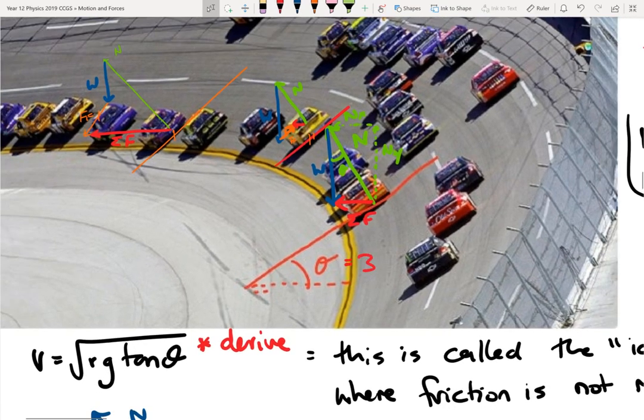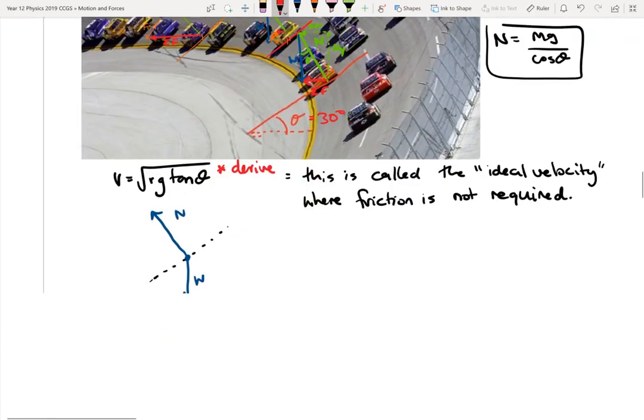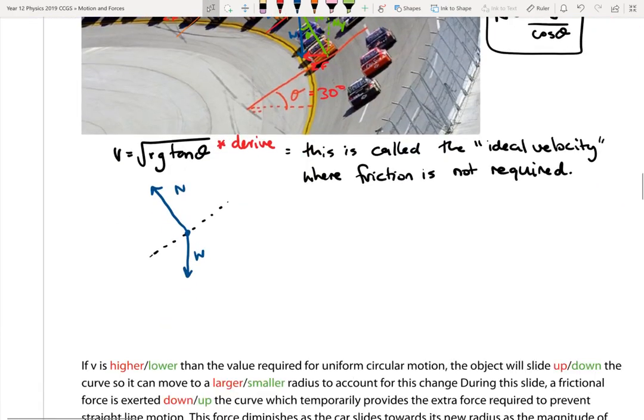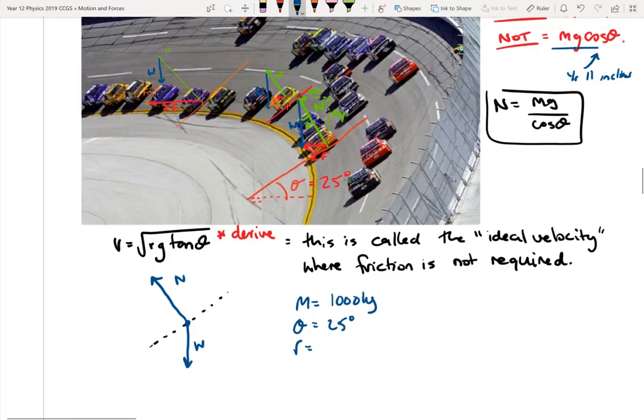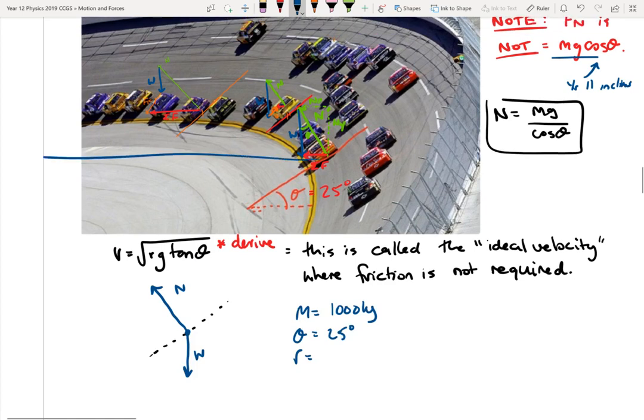Let's suppose that we have an angle of 25 degrees, sorry. I'm just going to use some values from previous. Let's suppose we have a mass of 1,000 kilograms of these NASCARs, and they might be travelling at a radius of curvature of 100 metres.